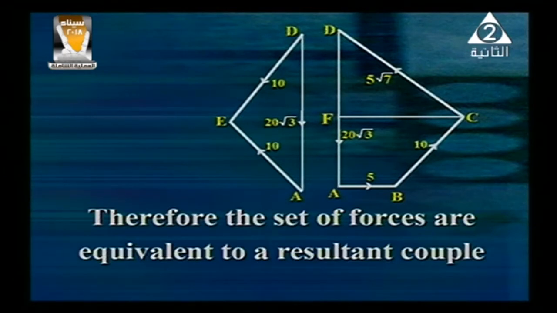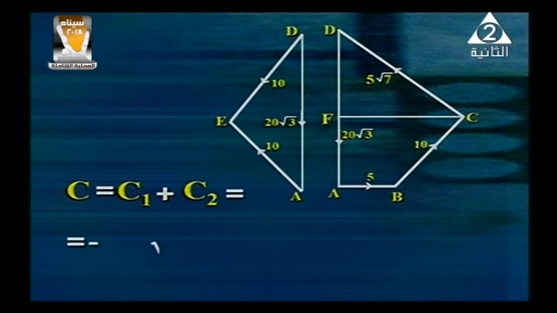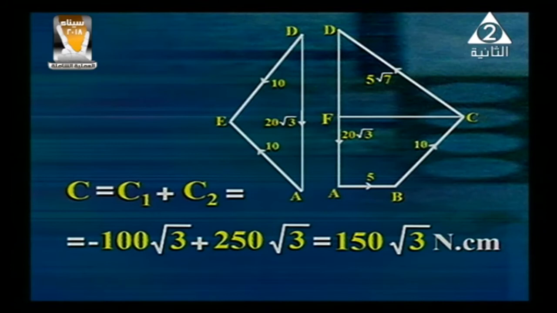Therefore, the set of forces is equivalent to a resultant couple. Then C, the moment of the couple, is the sum of the two couples, C1 plus C2. What is the value of the moment of the couple? Negative 100 root 3 plus 250 root 3 equals what? 150 root 3 Newton centimeter.